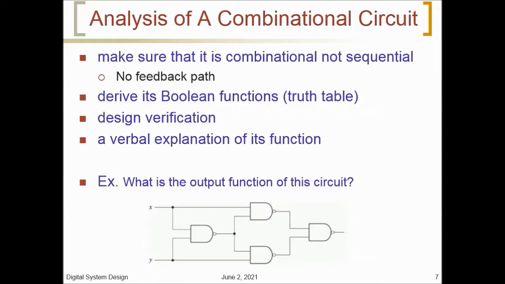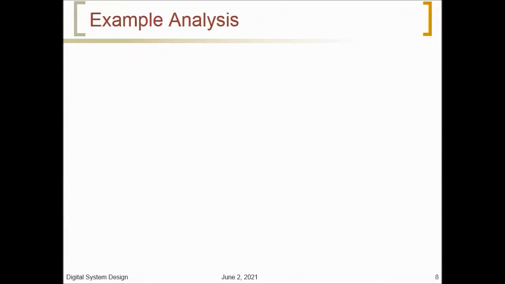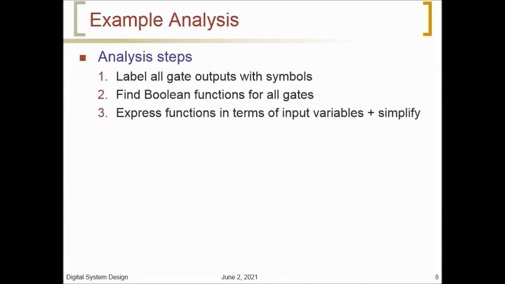Number 2, label the gates that are a function of input variables and previously labeled gates with other arbitrary symbols, and find the function of these gates. Number 3, repeat the process outlined in step 2 until the outputs of the circuit are obtained.